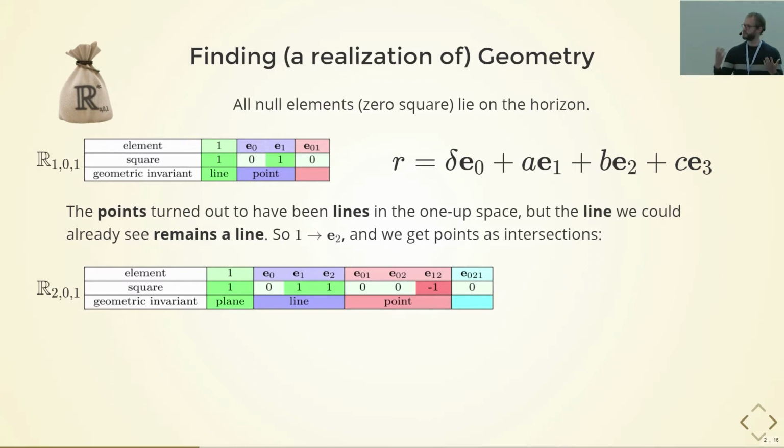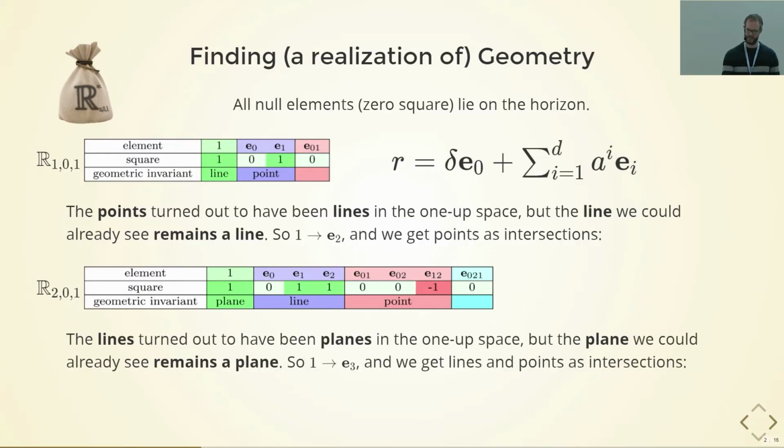And then if you want to go to 3D, it turns out this plane I was looking at the whole time, the two-dimensional plane, was really a plane, but these lines turned out to have been planes all along, right? I just didn't see it because I was looking at it the wrong way. So again, I play the same game. I have to somehow represent the scalar, which was my plane, by a vector, so that all the vectors are actually planes.